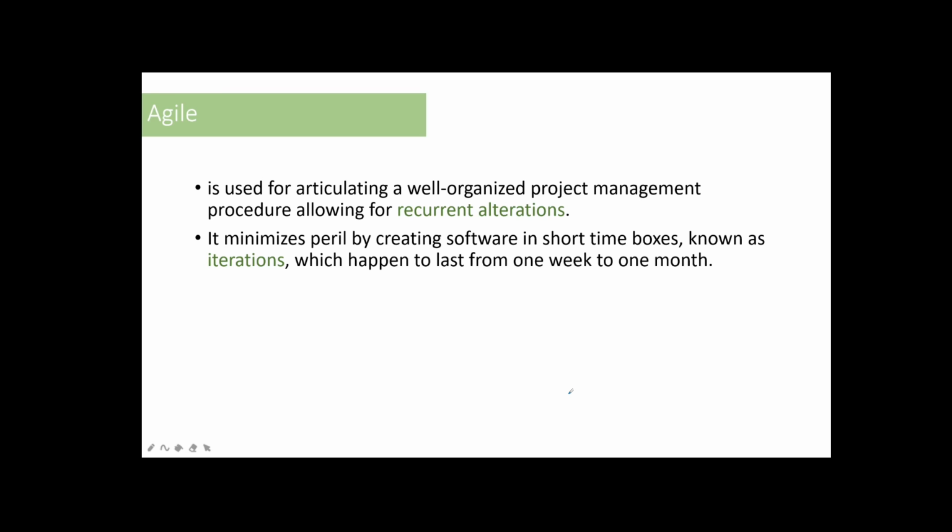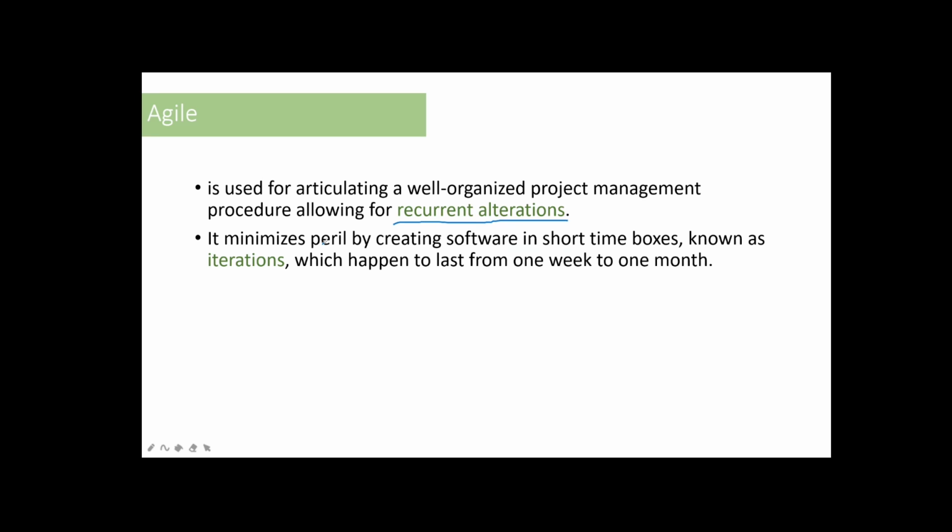Another will be Agile. So this is used for articulating a well-organized project management procedure, allowing for recurrent alterations. So certainly, such type of a methodology is one theoretical outline for undertaking several software engineering projects.